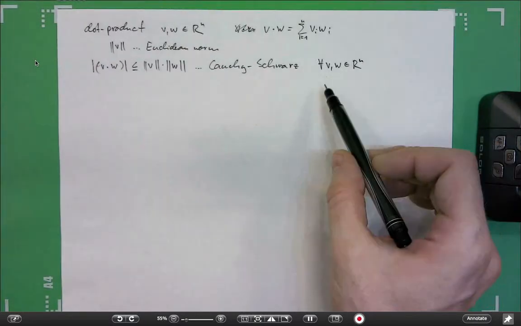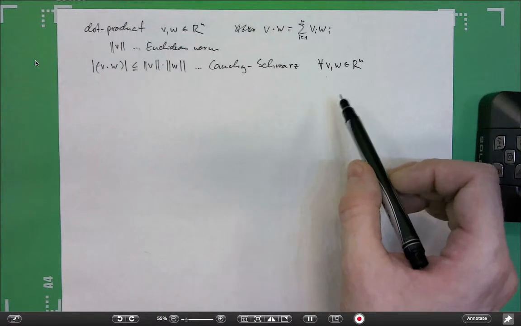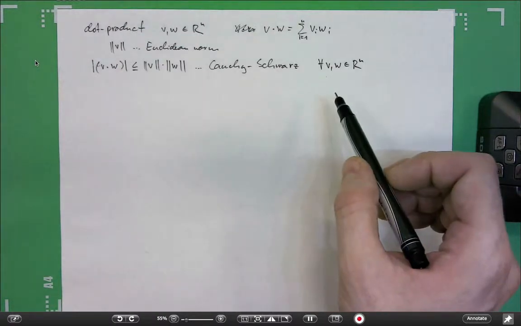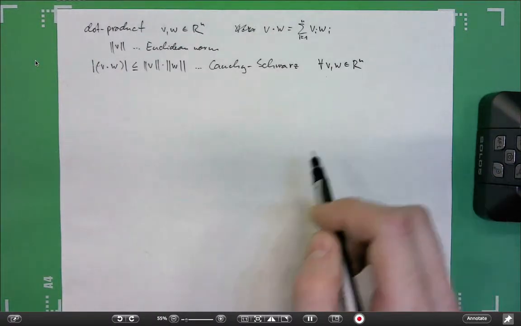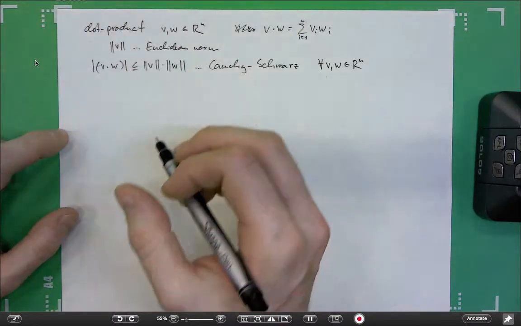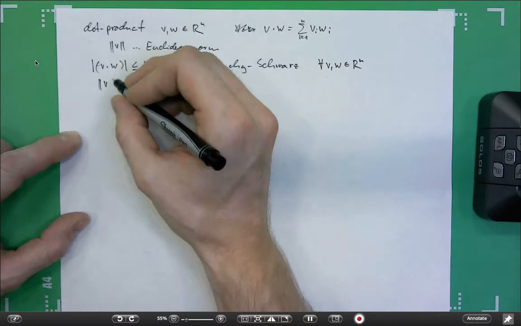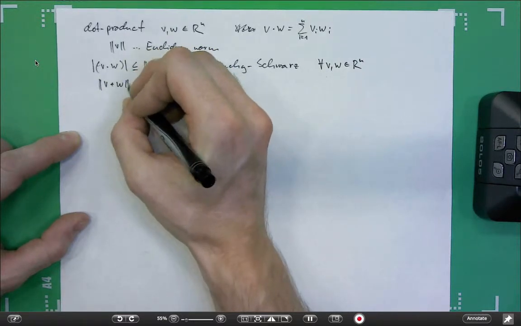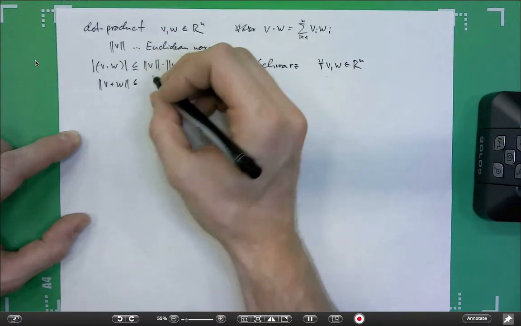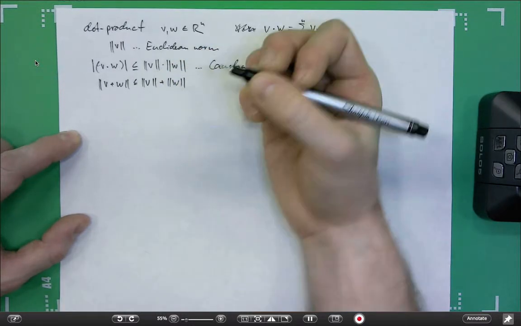You are familiar with this notation, the quantifier thing; you should have seen it by now. The other thing we discussed the last time was the triangle inequality. The triangle inequality tells us that the norm of v plus w is less than or equal to the norm of v plus the norm of w.